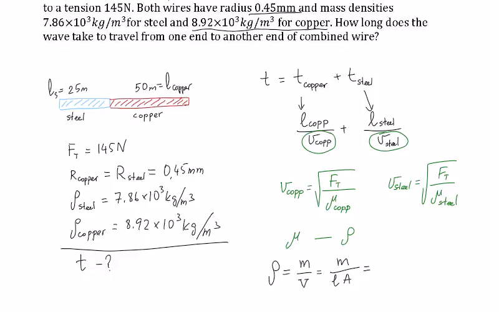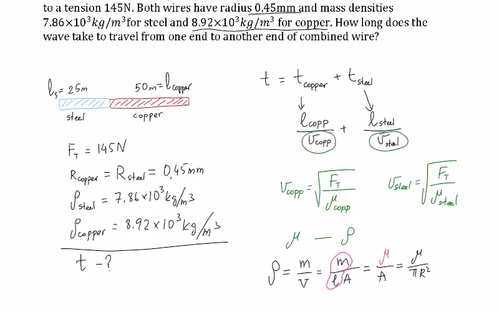As you can see, mass per length here is our mu. So I can substitute this to be mu by definition, divided by area. And because it's a cable, the cross-sectional area is a circle, so the area would be pi r squared.